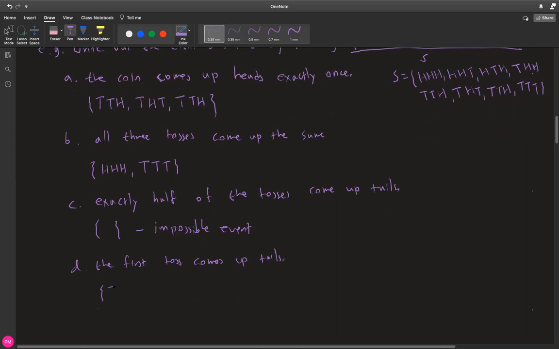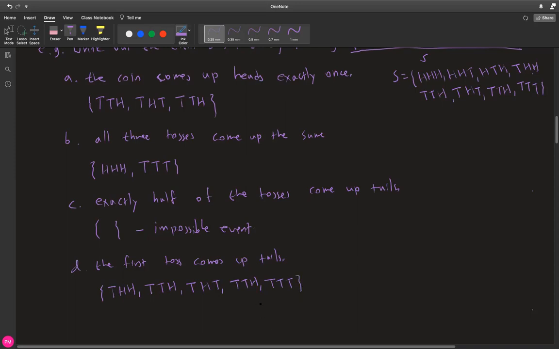So we have tail, heads, heads. We have tail, tail, heads. We have tail, heads, tail. We have tail, tail, heads. And we have tail, tail, tails. Yeah, I think that's it.